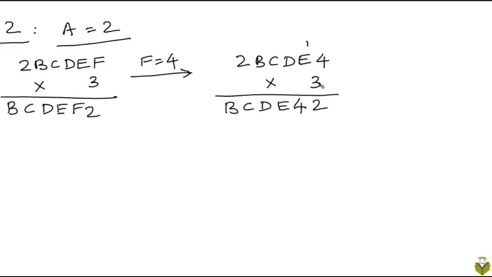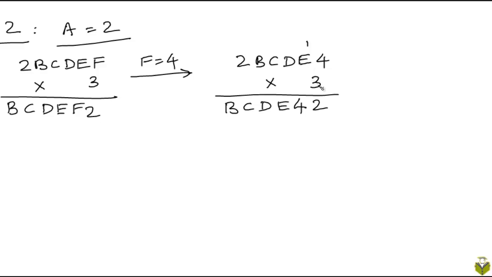This means when we multiply 3 with this digit E, we should have got a number that had a 3 in the units place, so that when we add a 1 to it, we get a 4 in the units place. So which number when multiplied by 3 yields a 3 in the units place?